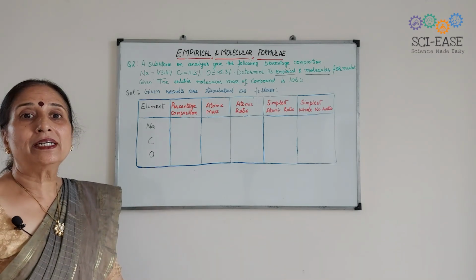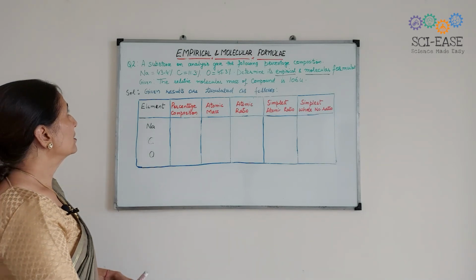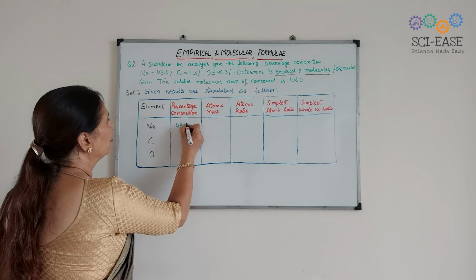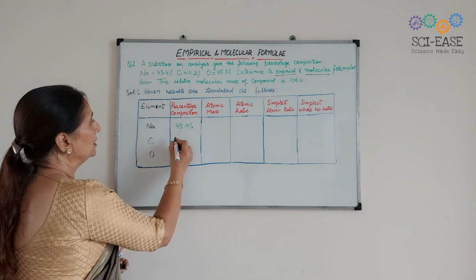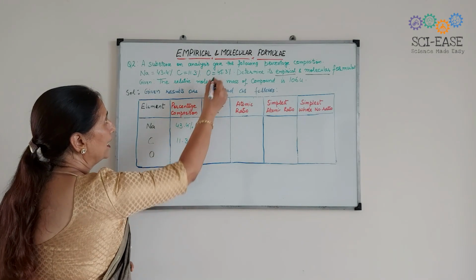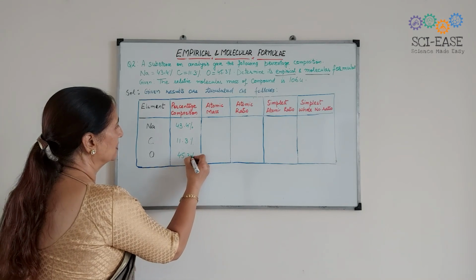Now, what is the percentage composition of these elements? Sodium is 43.4%. Carbon is 11.3%. And oxygen is 45.3%.